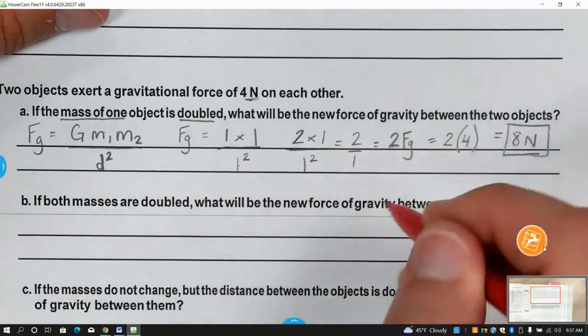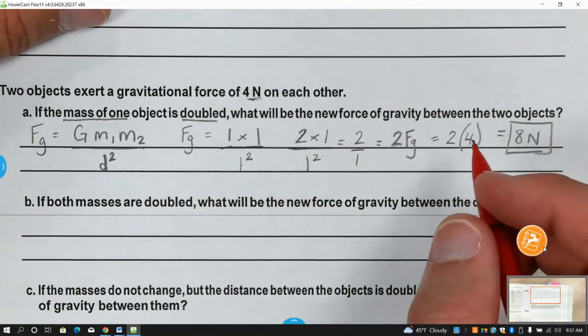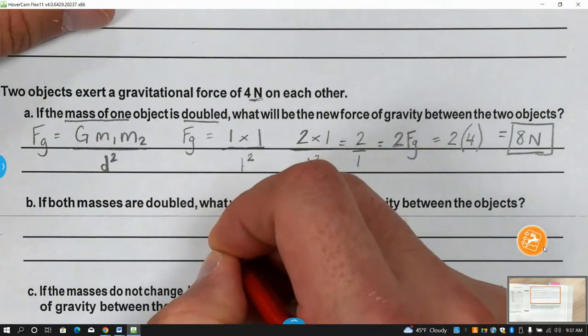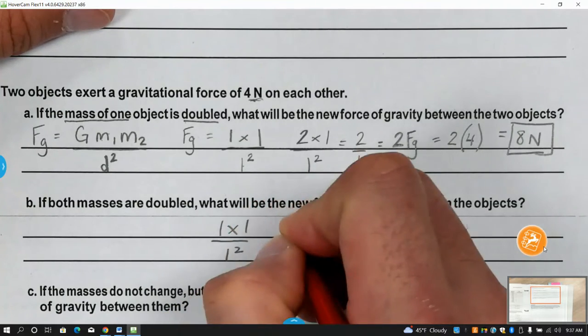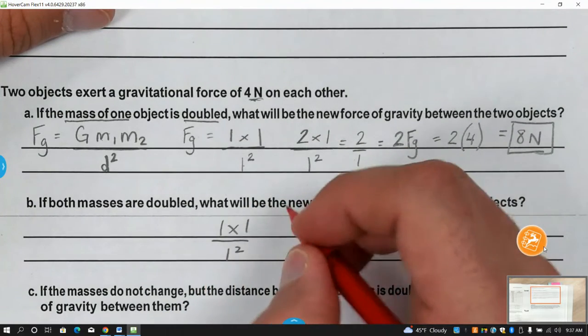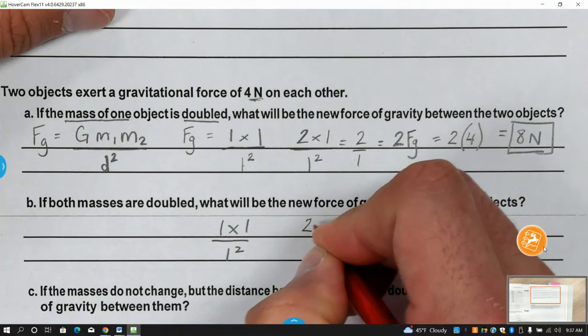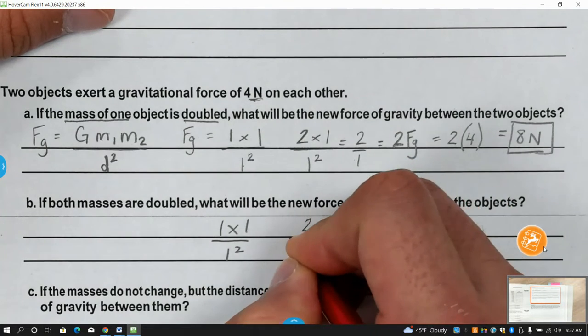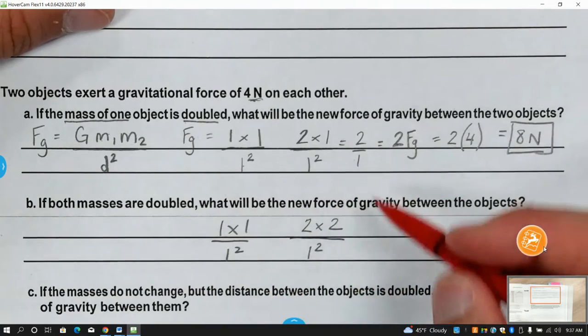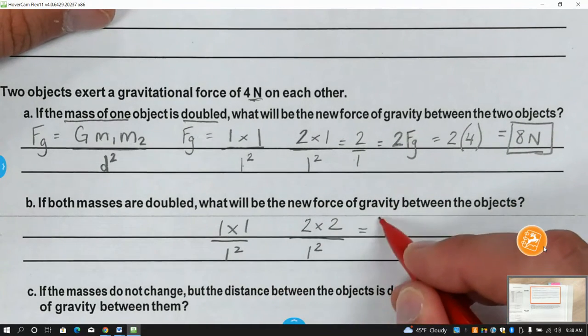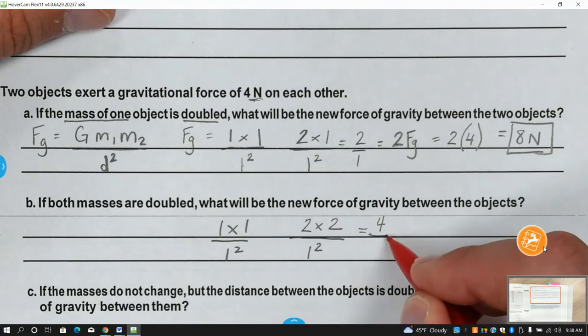Now they're saying what happens if both masses are doubled? Well, this is our ones equation originally. If both of the masses are doubled, they're both going to become 2s. So 2 times 2. They didn't tell us anything about the distance, so it stays a 1, and we square that. 2 times 2 on top, 4. 1 squared on bottom, 1.